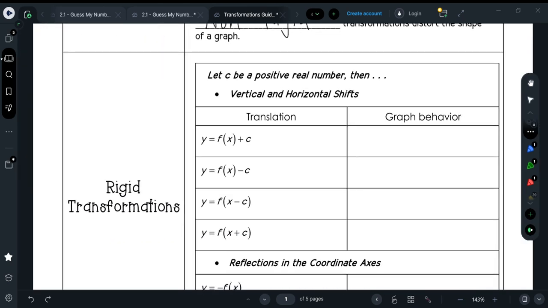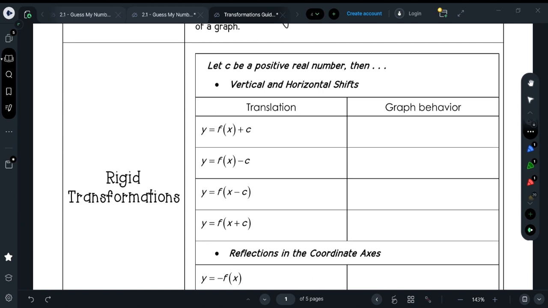Okay, let's take a look here at this first set. The first type of transformations we're going to talk about here are called translations. A translation is simply when the graph gets moved in one of 4 directions: up, down, left, or right.